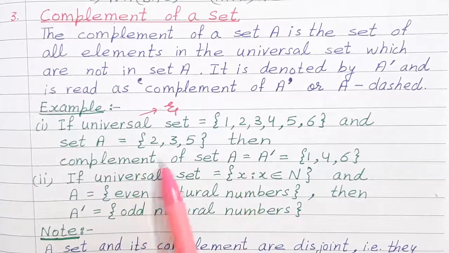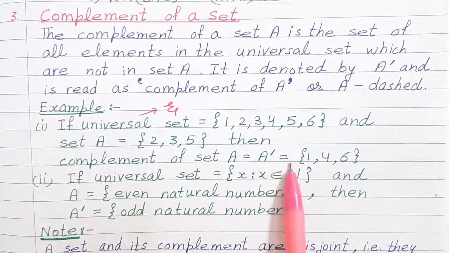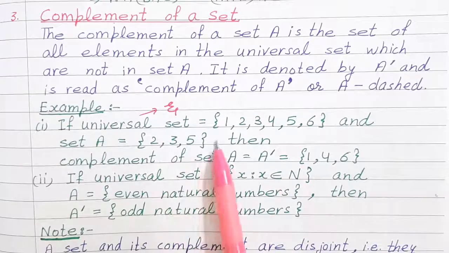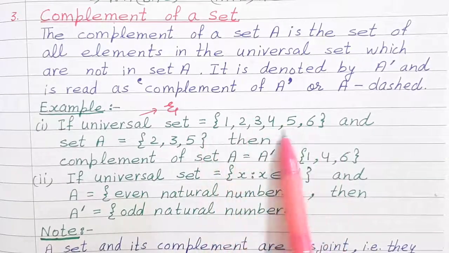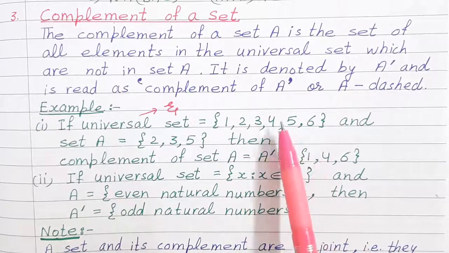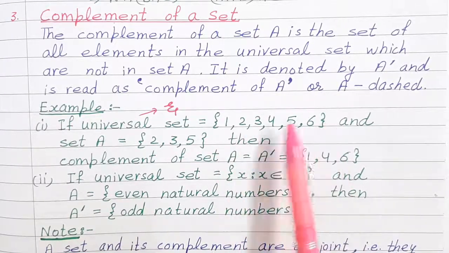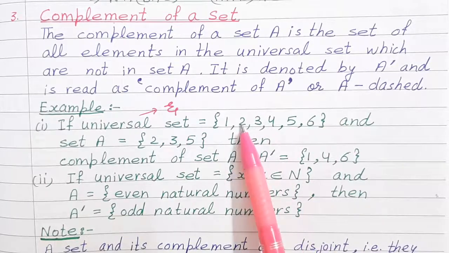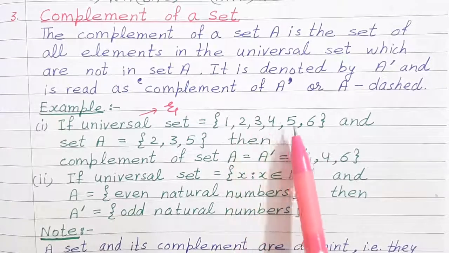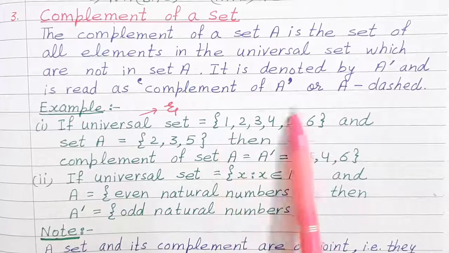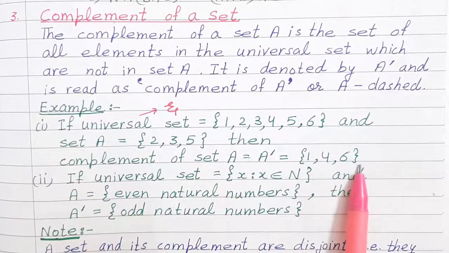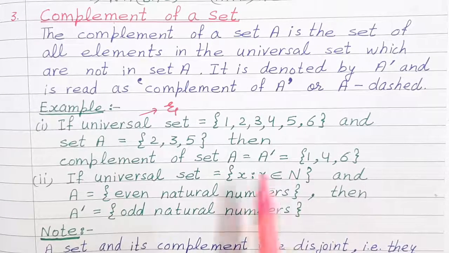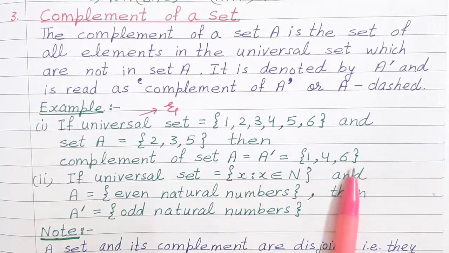Then the complement of A, that is A', is equal to all those elements of the universal set which are not in A. Or you can say in the universal set you just delete all the elements of A, that is we will not take 2, 3 and 5, and the rest of the elements we will consider. So this is {1, 4, 6}, right? So this is called the complement of A. I hope you have understood this.